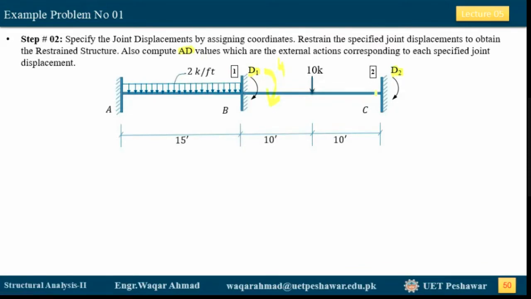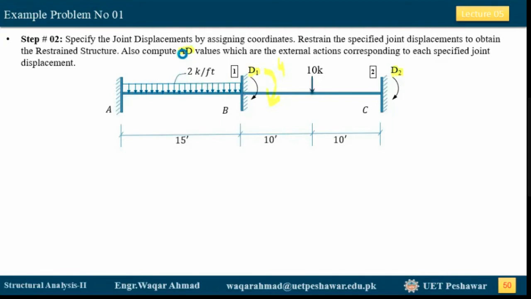Similarly, if we have any externally applied moment at this support, we are supposed to take that as the AD2 value. But in this problem, we are not given any such moments at these supports. So the AD1 and AD2 values will be 0 in this case. Okay, so we are done with the AD values, AD1 and AD2.